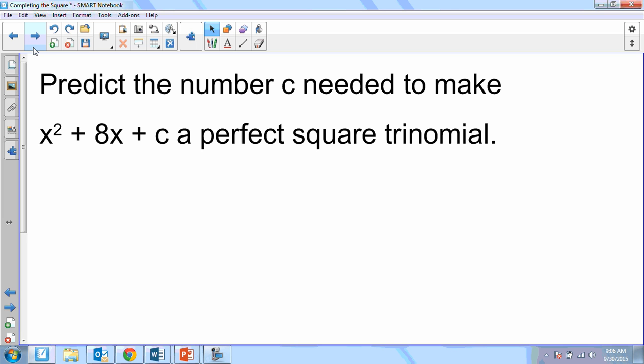I don't know if you have enough tiles here to do this one. But x squared plus 8x plus c to make that a perfect square. Can anyone make a prediction of how many little beige colored tiles we'll need?